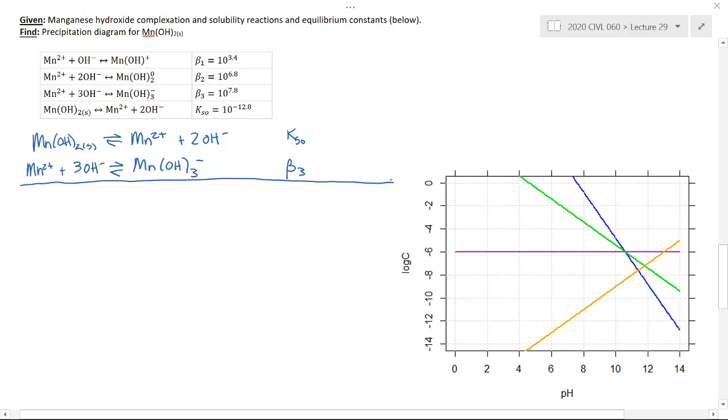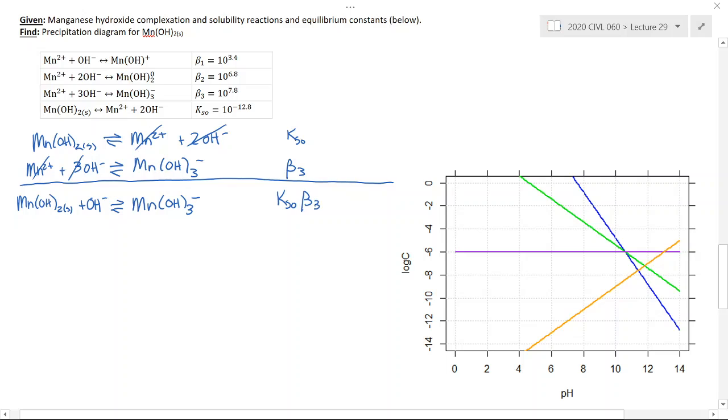I add those together. 2 of the hydroxides cancel out, both of the manganese ions cancel, and I'm left with manganese hydroxide solid plus a single hydroxide forming the manganese hydroxide complex. The equilibrium constant is KSO times beta 3.